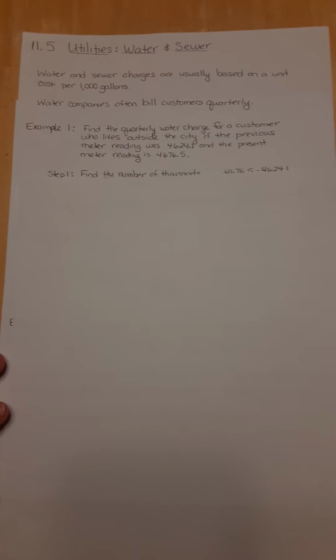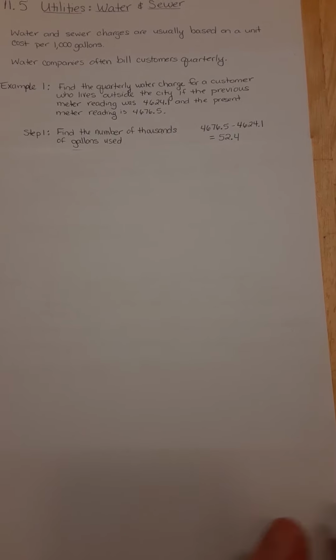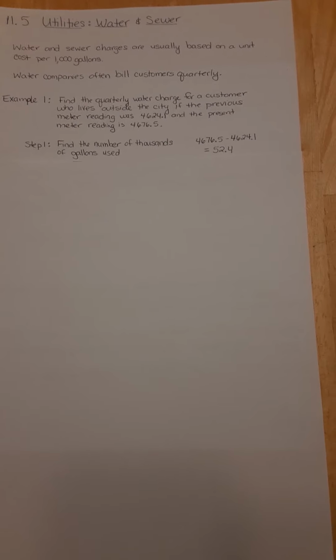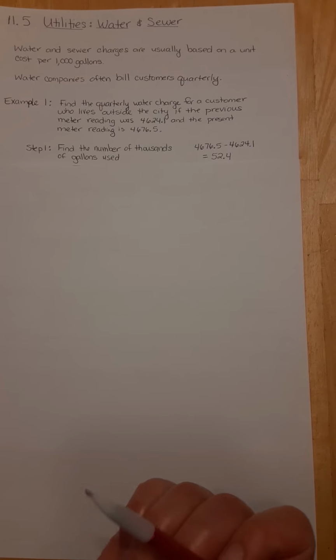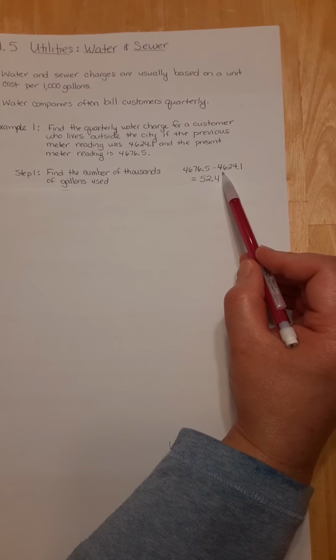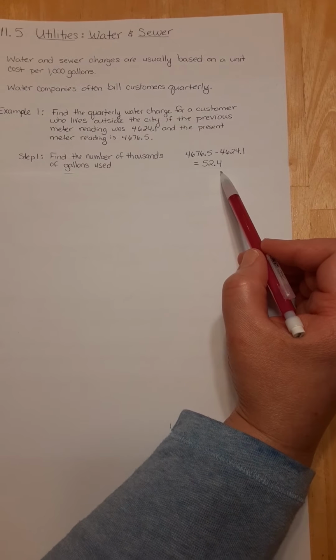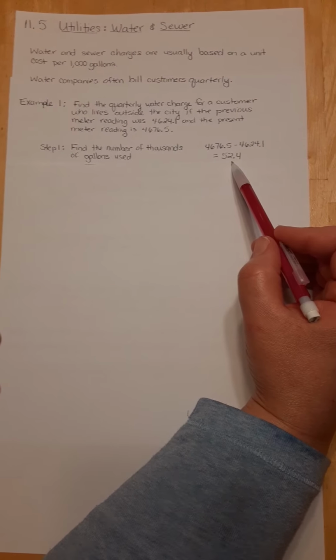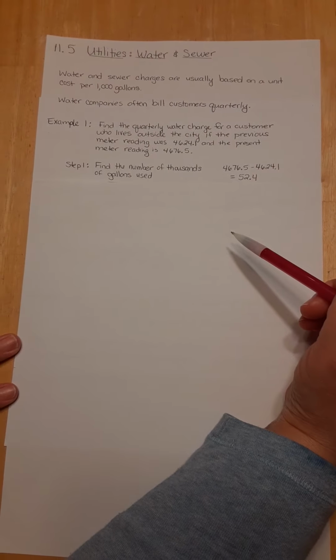So the first step to figuring out what they want us to do is to find the number of thousands of gallons that we have used. Okay, so just like we've done with our other utilities, we're going to take the latest reading and subtract our previous reading so we can see how many gallons we've actually used. And so that is 52.4 thousand gallons that we've used.